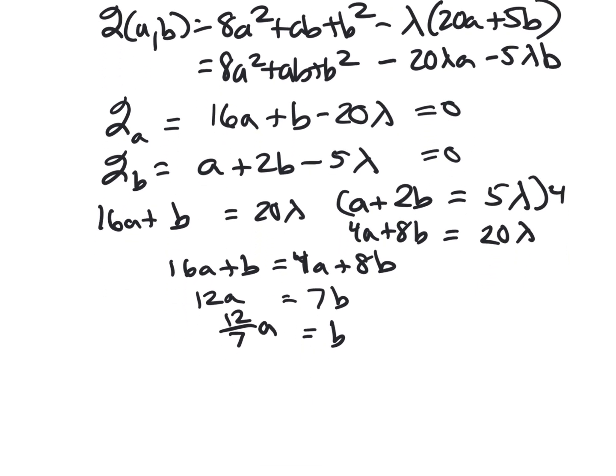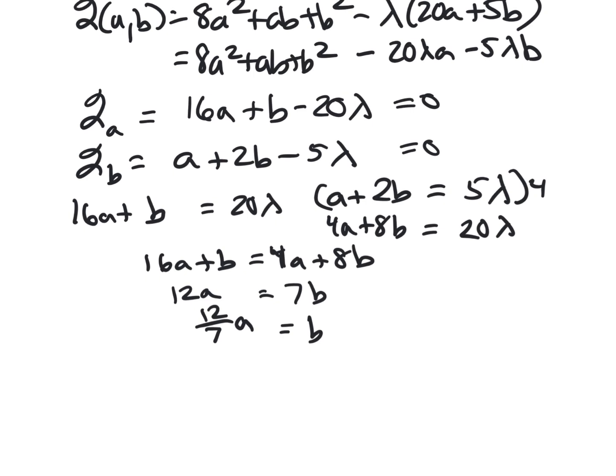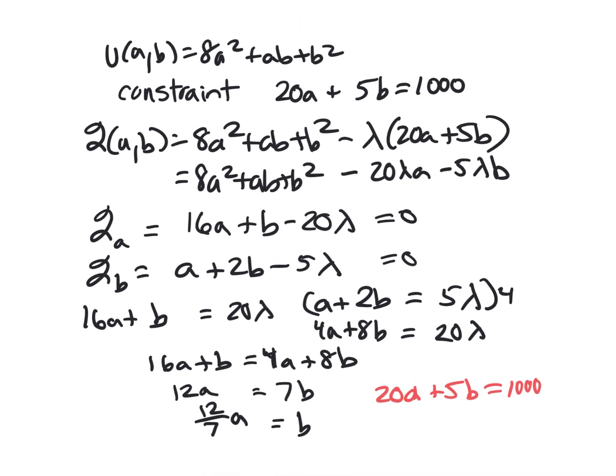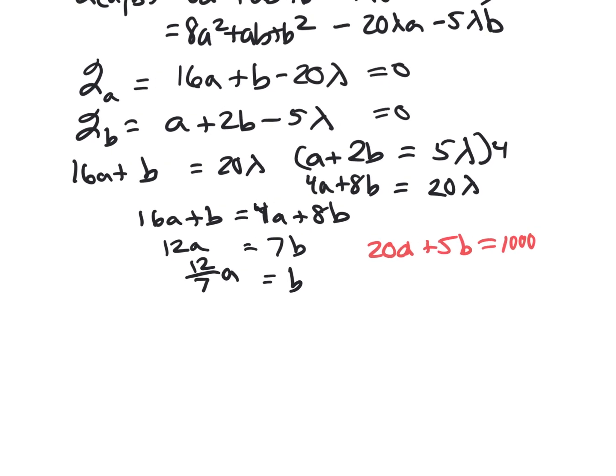Okay, so now we go to our constraint equation. Let me rewrite what that is. Going back to the beginning, 20A plus 5B equals 1,000. Okay, that was the constraint. All right, so let's plug in.